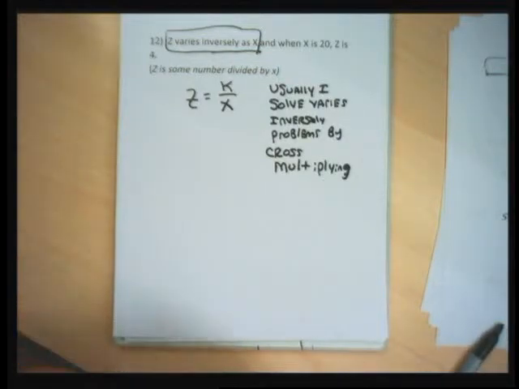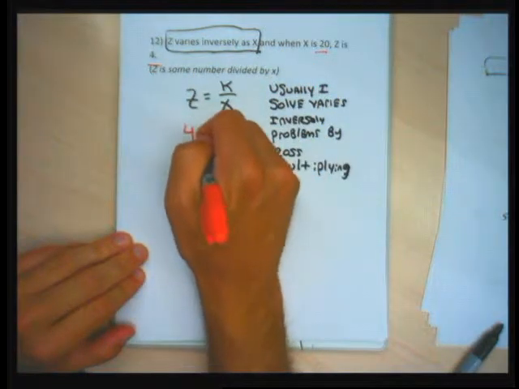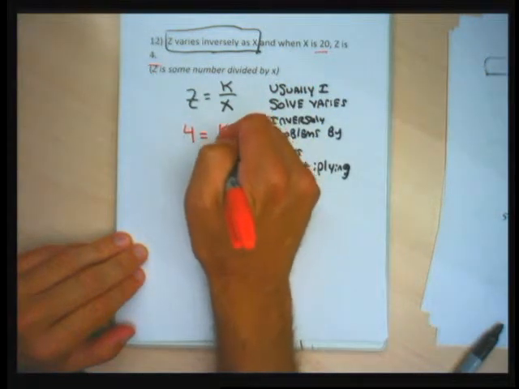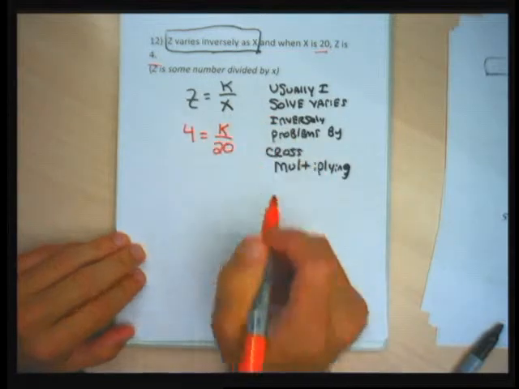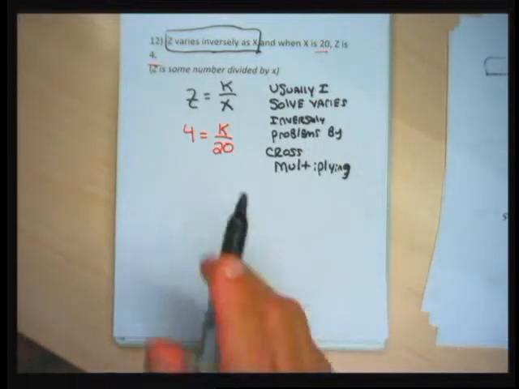Very specifically now I'm going to put in 20 for x and 4 for z. I'm going to get 4 equals k over 20. And it's real tempting to put 5 in for an answer because 20 divided by 4 is 5. This is not a dividing problem. That's not the right answer. 80 is actually the right answer.